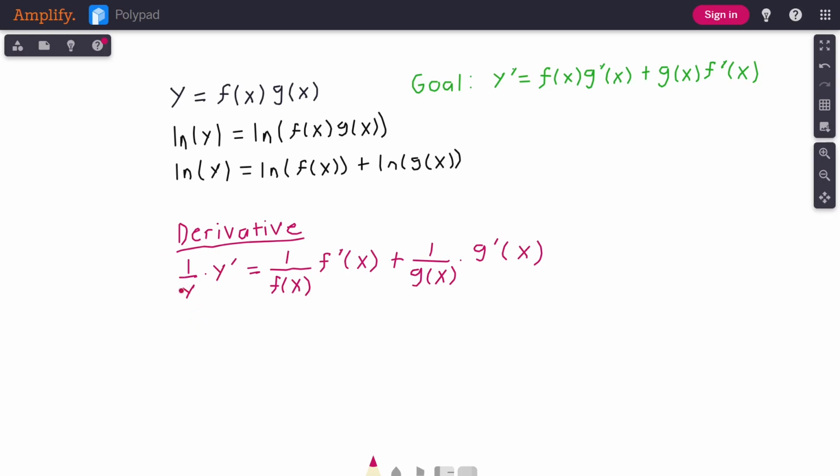So doing that, we're going to get y prime equal to y times f prime of x over f of x plus g prime of x over g of x.